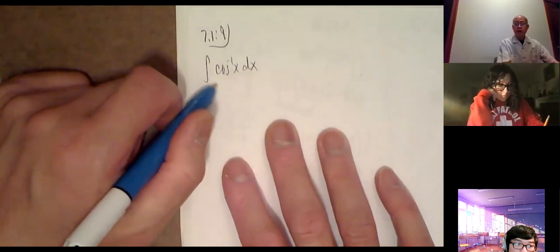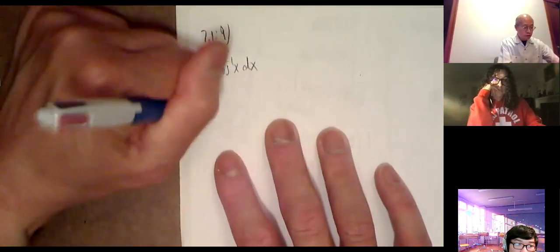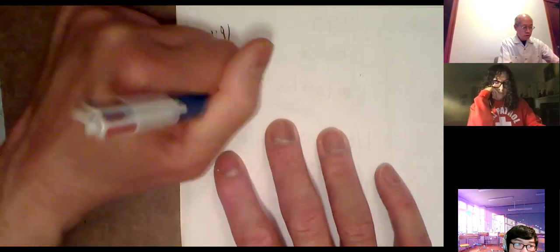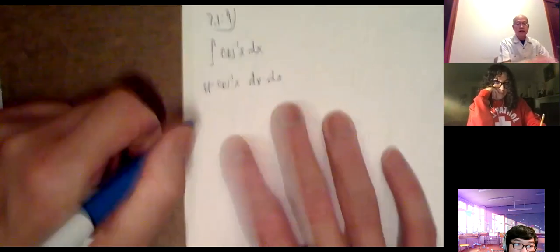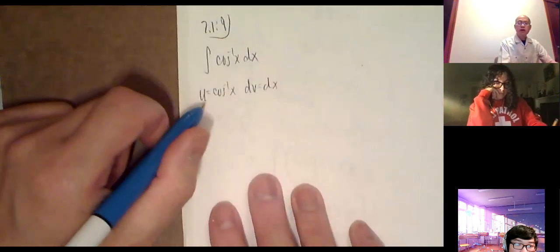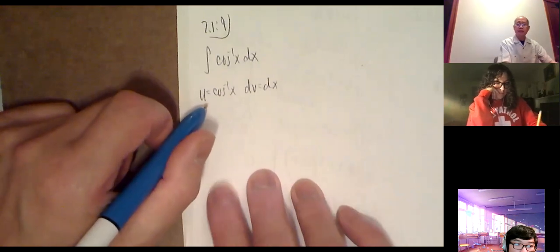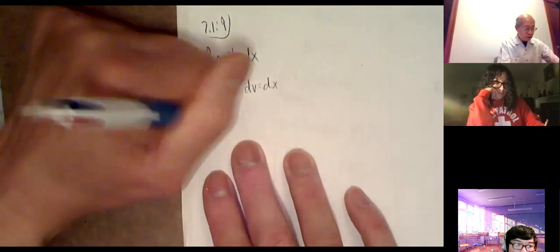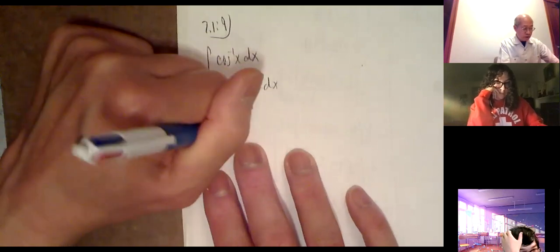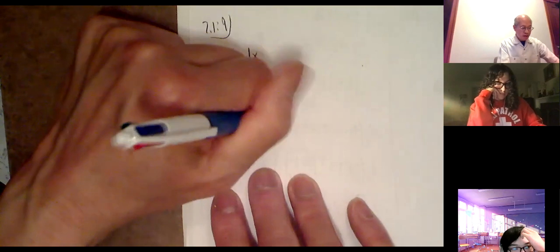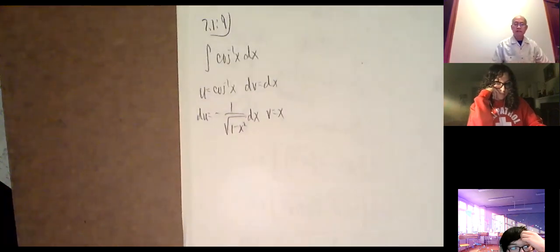Okay, you don't really have any choice here, so that's going to be my u. dv is dx. The derivative of inverse cosine is the same as the derivative of inverse sine, except there's a negative. So du is negative 1 over radical 1 minus x squared dx, and v is equal to x.